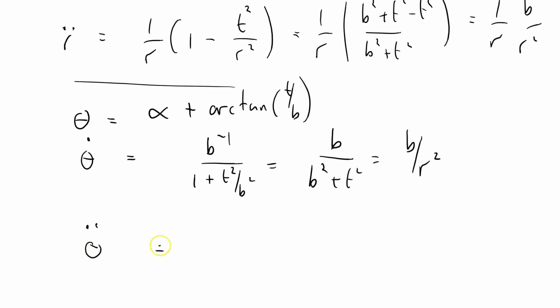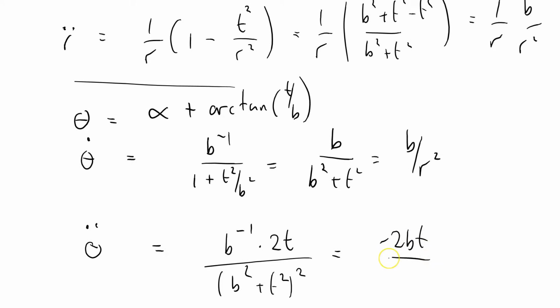Theta double dot equals, let's see, b to the minus 1 times 2t over b squared plus t squared, squared, so I've got that right, equals minus 2bt over r to the 4.